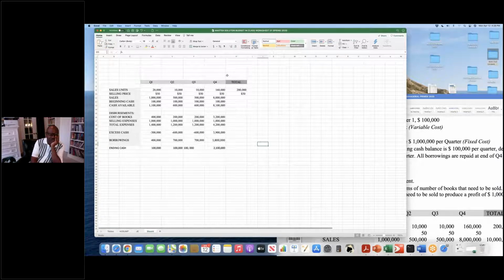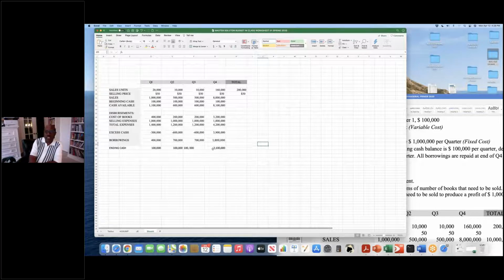Correct? The only thing that's going to be the same is the beginning cash. That's the only fixed amount. Yeah, I see what happened. In this case, we borrowed 100 to stay at that, but then in the fourth quarter, we're at 2,100,000. That's just how the facts are working. Okay, gotcha. Thank you.